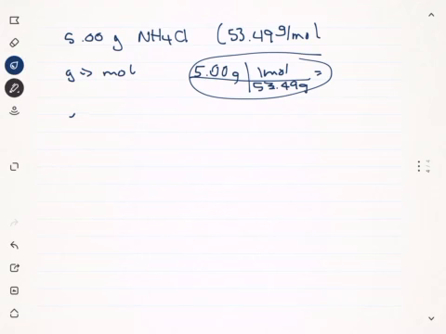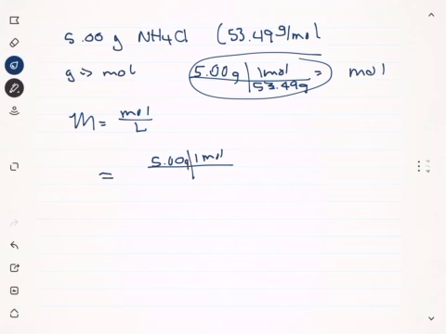I put this whole thing into my equation. Remember, our equation for molarity is moles per liter. So this is going to equal my moles. I did 5.00 in my numerator, and then I put my volume, which I forgot to write up here.